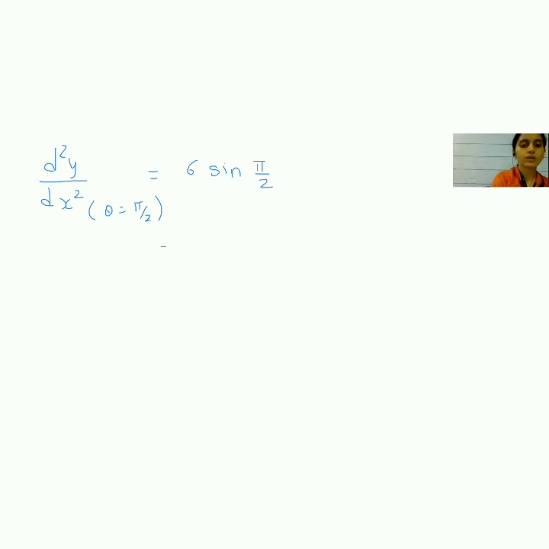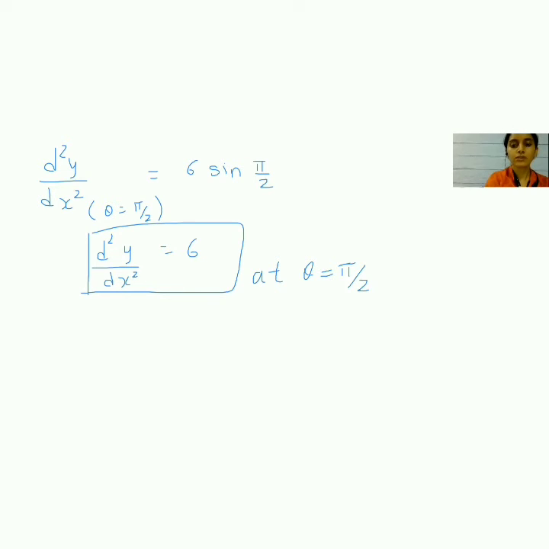What is sin pi by 2? Sin 90 is 1. So what is the value of d2y by dx square at theta equal to pi by 2? It is 6. Clear? This is how you would do the third question. Let's move on to the fourth one now.